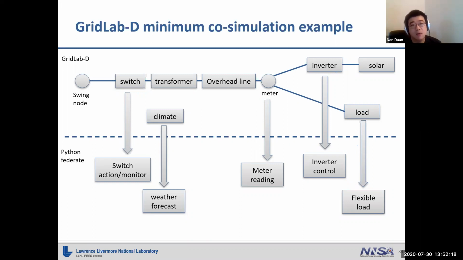So that's taking all the experience we have with this development and concentrating it into a minimum example, making sure that if this runs correctly, all these switch control, weather forecast, meter reading, inverter control, and flexible load features will be available for you. So that's something ongoing.